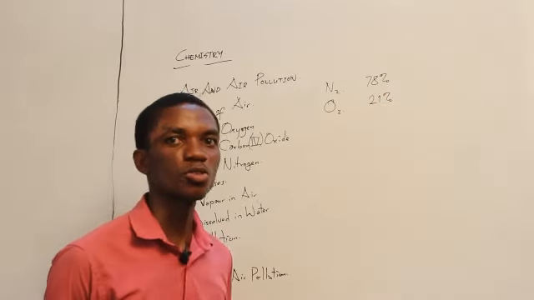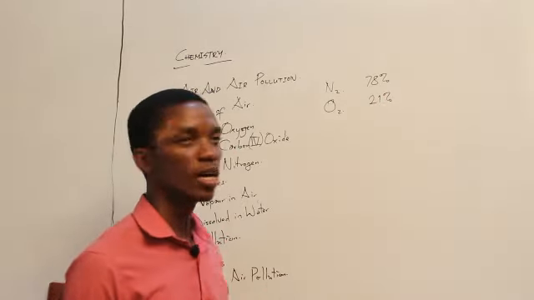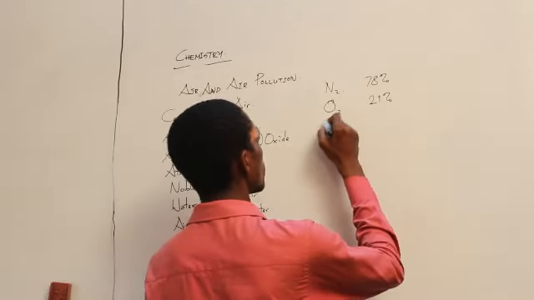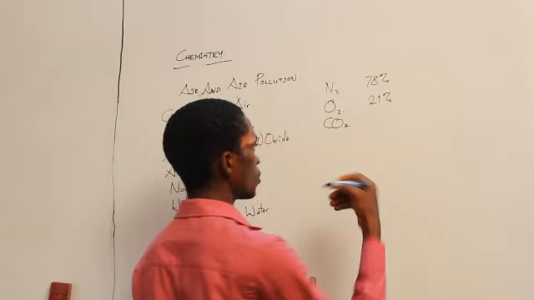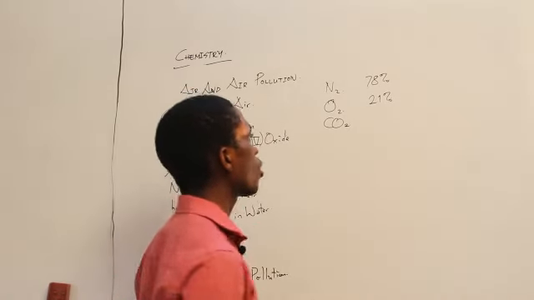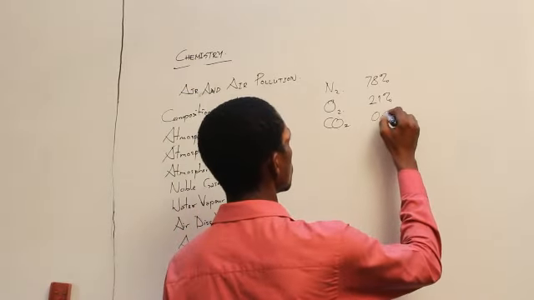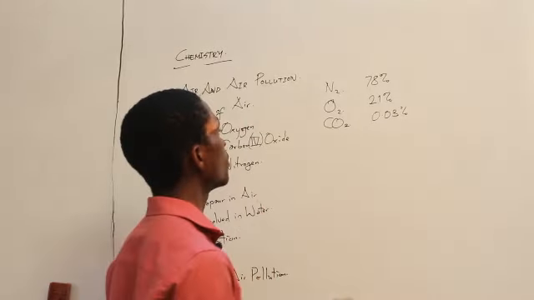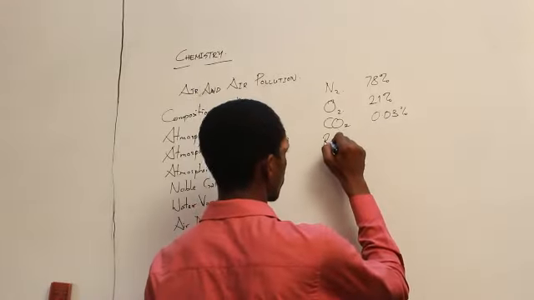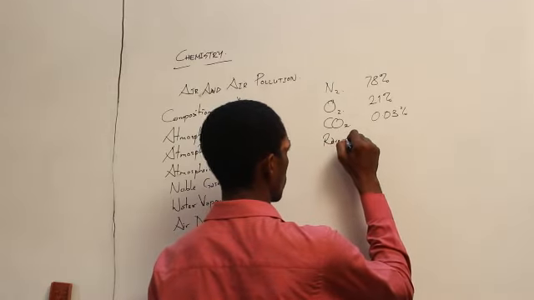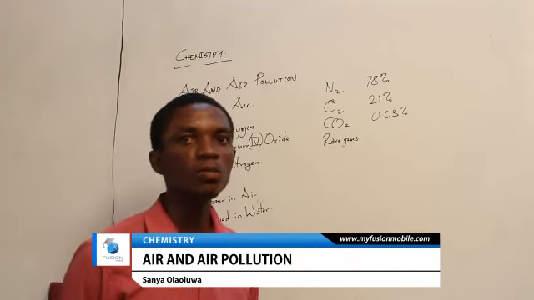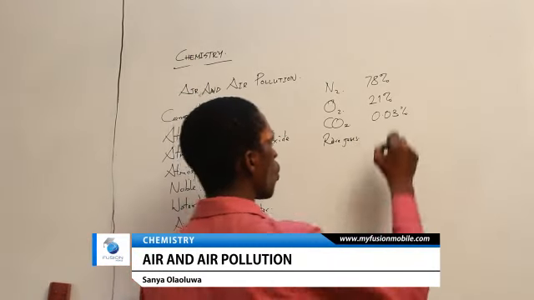Some people do argue 20.8%. We have carbon dioxide occupying about 0.03%. Then we have the rare gases, which we also describe as noble gases, about 1%.